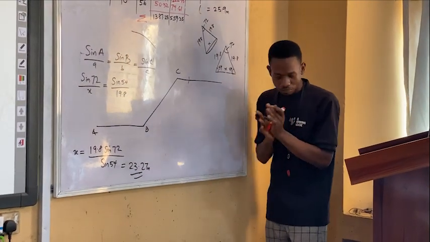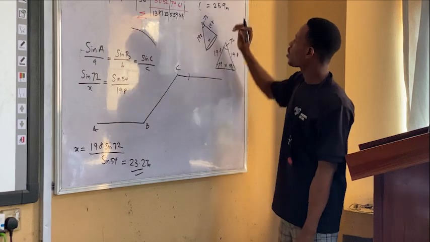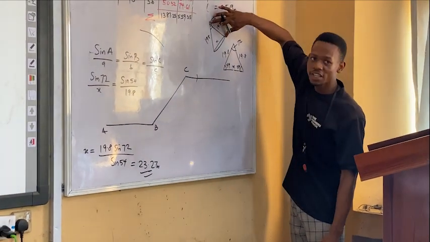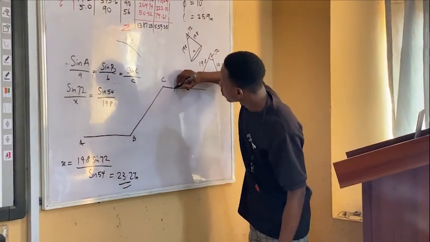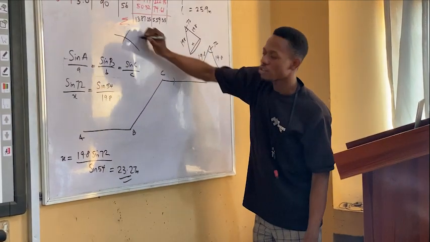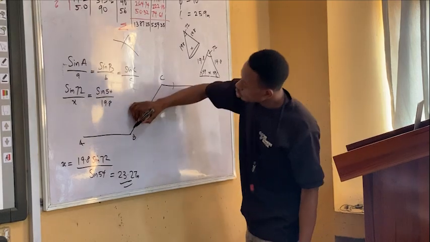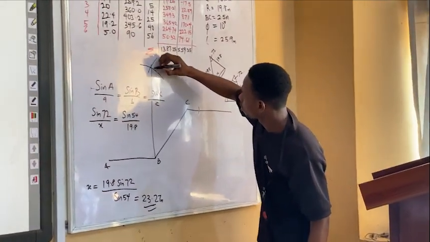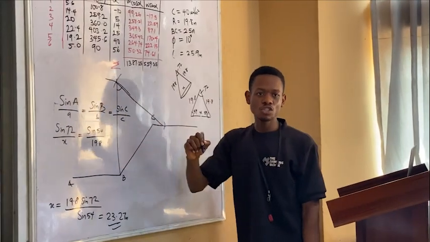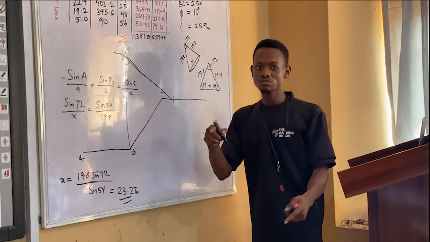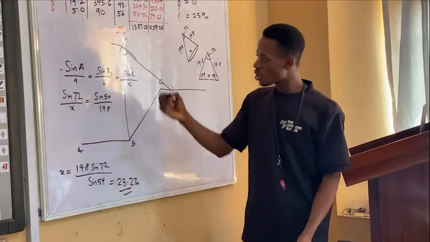So now everything is easy. All you have to do is go back to your 19.8, half of which is 9.9. You now stand on this point, cross this one, and join the two together. By the time you measure this angle here, it must give you 72. If you do it well, it's going to give you 72.